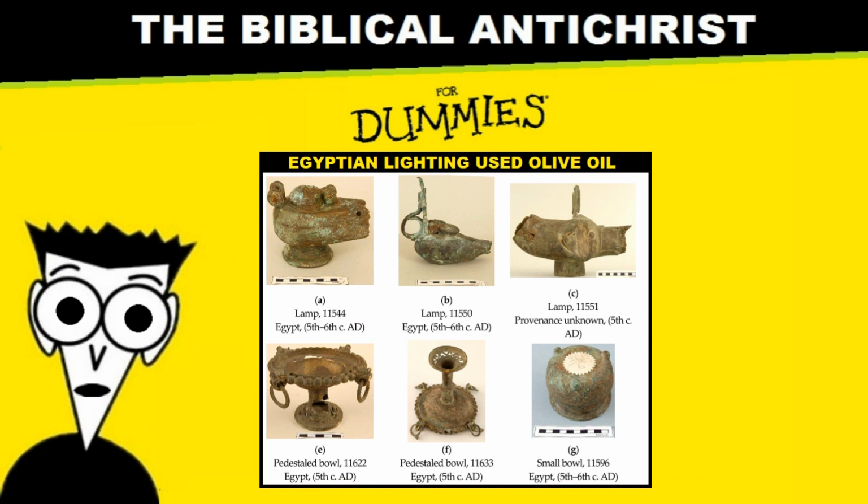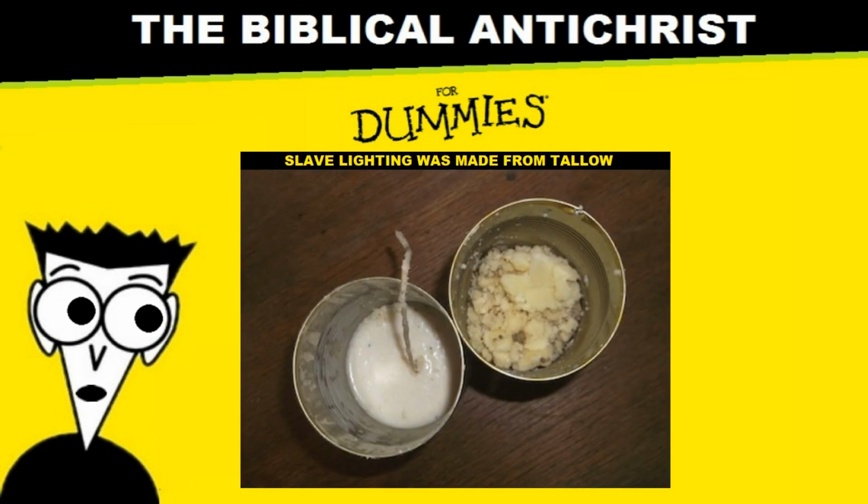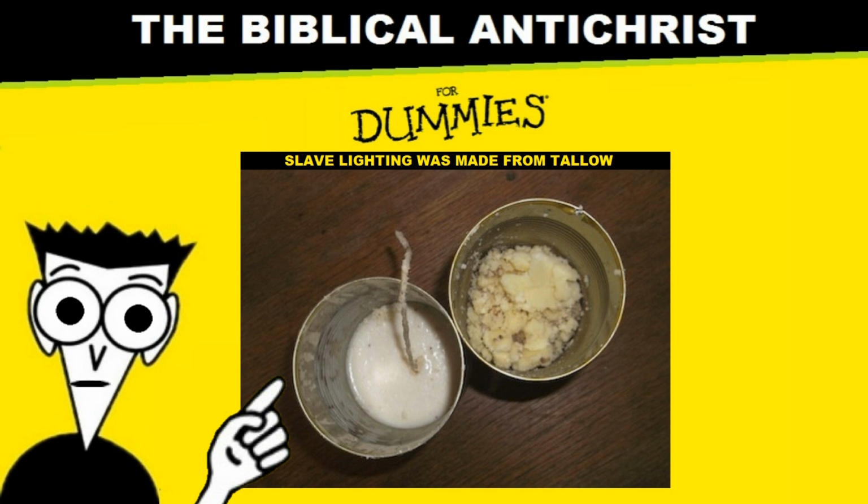The wealthier and more privileged classes among the ancient Egyptians had access to lighting options not available to Hebrew slaves. Egyptian lamps would have been fueled by the more expensive olive oil, and might have had wicks made from plant fibers. The lighting options for slaves would have been basic and utilitarian. They used simple clay lamps, and the fuels used for these lamps would have been whatever was readily available and cost-effective, most probably tallow, which is made from the fat of dead animals.